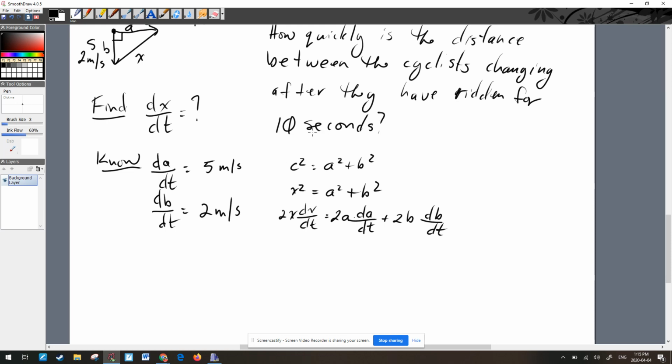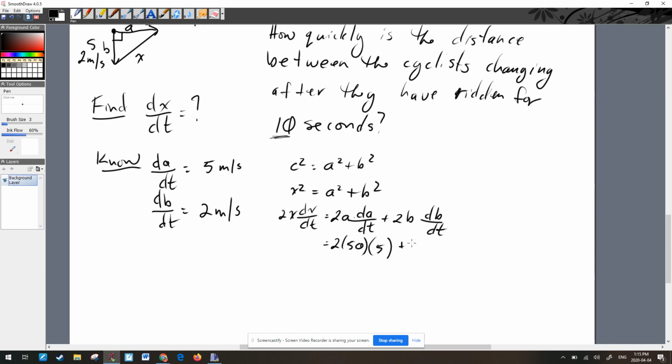Now we substitute things in that we know. dx by dt is what I'm after, but I do know what a is: the top cyclist was moving at 5 meters per second for 10 seconds, so a at this snapshot is 10 times 5, which is 50. We also know dA by dt is 5, so times 5.